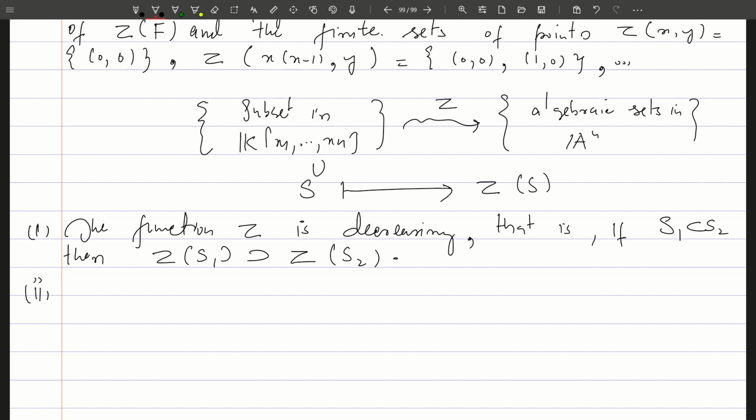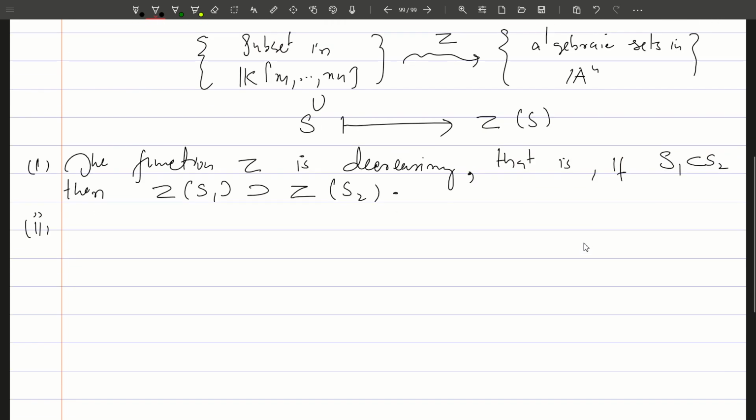We also proved that if we have any family of algebraic sets, then their intersection is also an algebraic set.